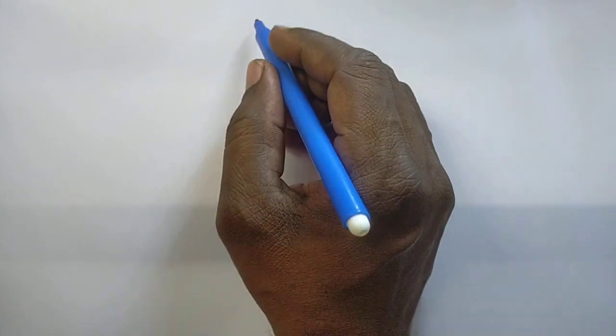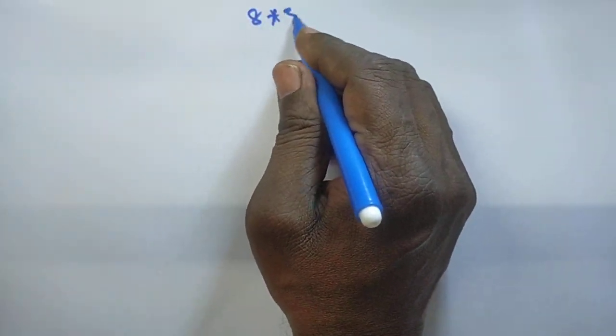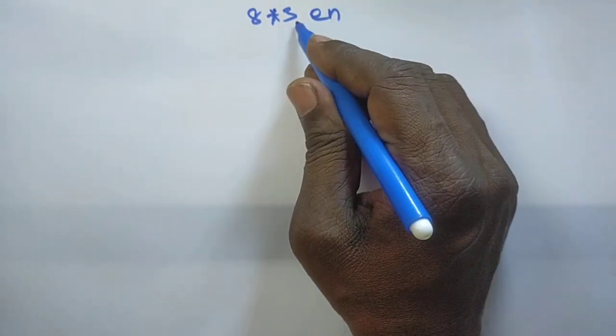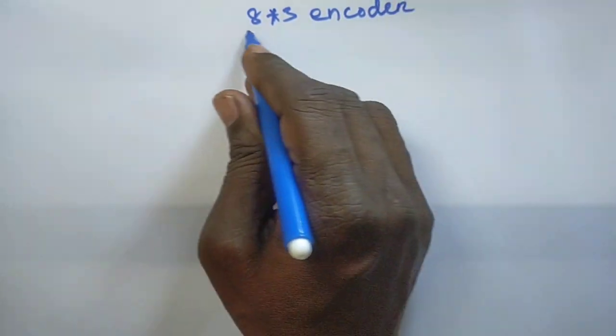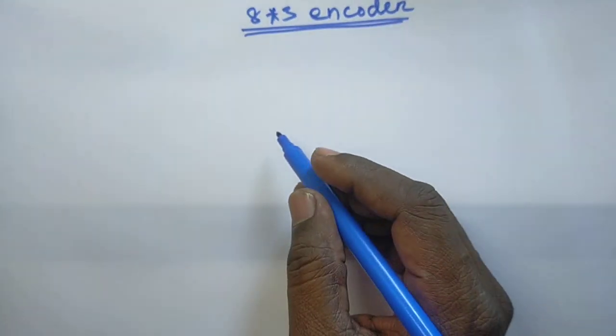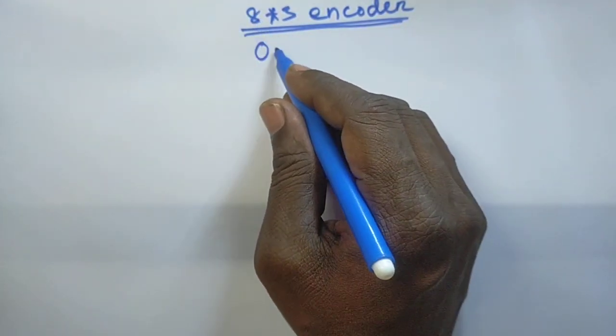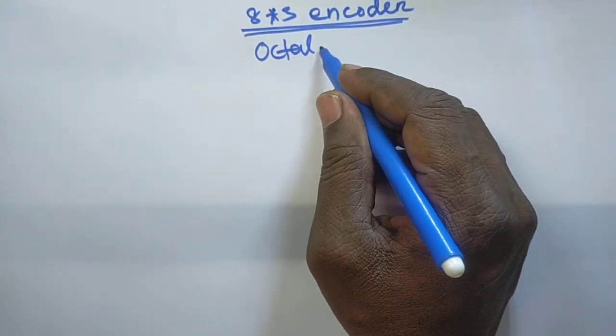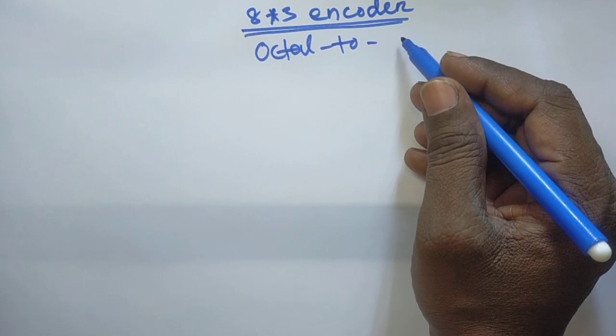Since we will consider the 8-3 design, we will consider 8 inputs, D0 to D7. Very simple way, the same thing you can consider as an 8-3, or 8 into 3 encoder. Another name we can call it is octal to binary encoder.